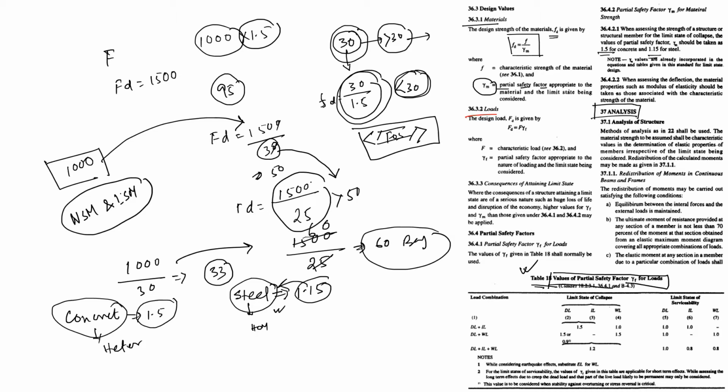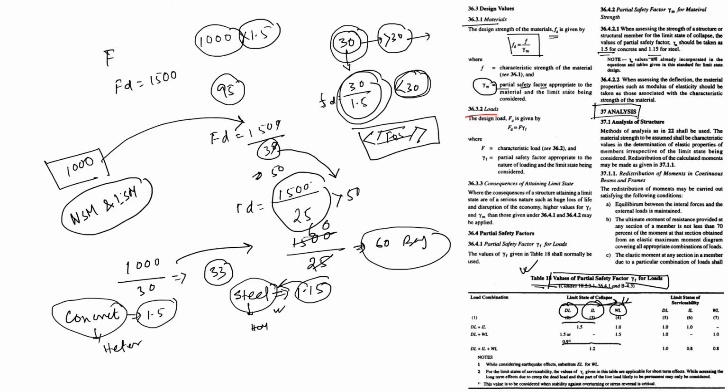First, DL, that is your dead load. IL, that is imposed load, you can say it is live load. WL, that is wind load. You often ask me why there is no earthquake load. Actually, if you use wind load, then you don't use the earthquake load.